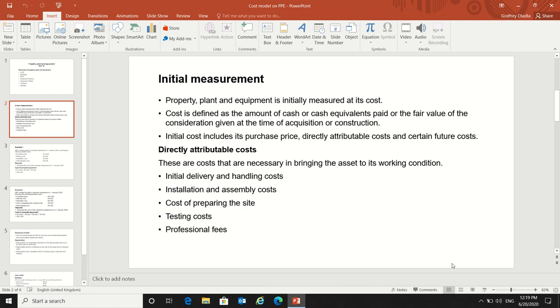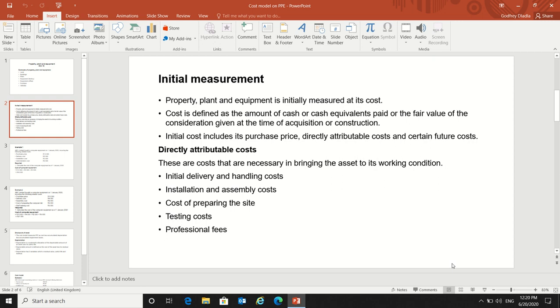Now this cost, what is this cost? We are saying cost is defined as the amount of cash or cash equivalents paid or the fair value of the consideration given at the time of acquisition or construction. So whatever we are paying is what we call the cost price or cash equivalent paid.